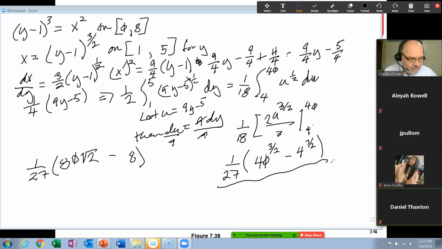So we can write down that that is the exact solution. The approximate solution would be 9.073. And looking at that graph, in the x you're going from 0 to 8, and in y you're going from 1 to 5, so it's not at all surprising. It would be a little bit greater than 8, but not that much greater.